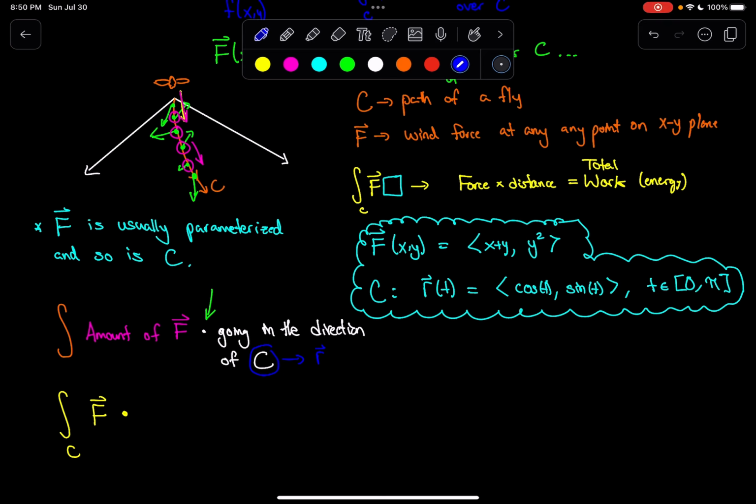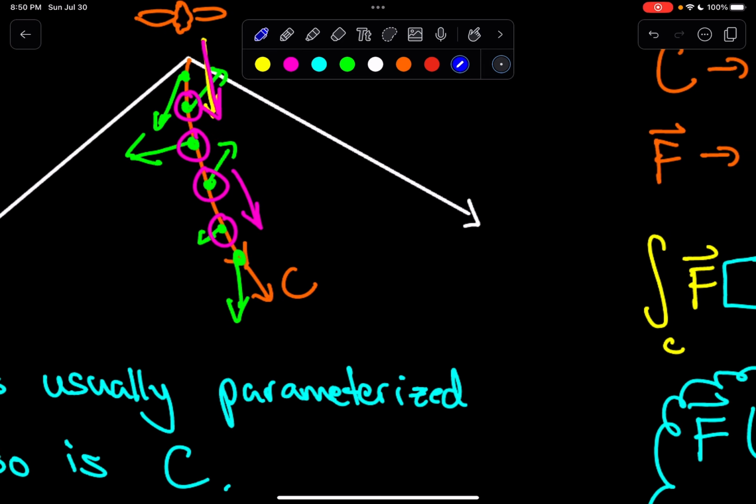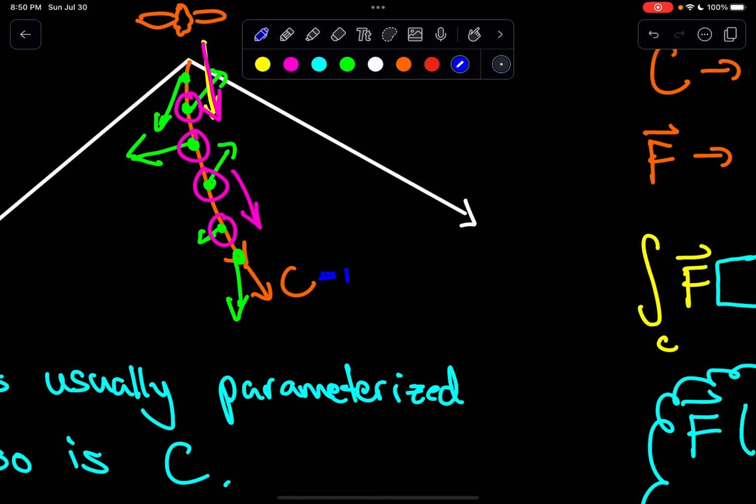So in other words, we want the amount of our vector field that's going in the direction of R over a very small, tiny little bit of R, because we're zooming in and saying that this path is really being parameterized by our R of t.